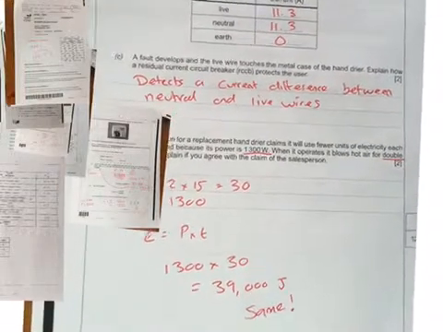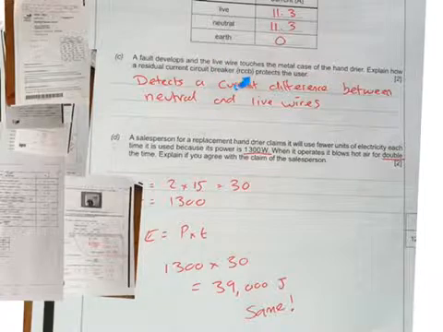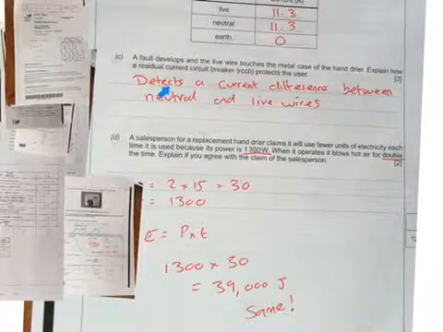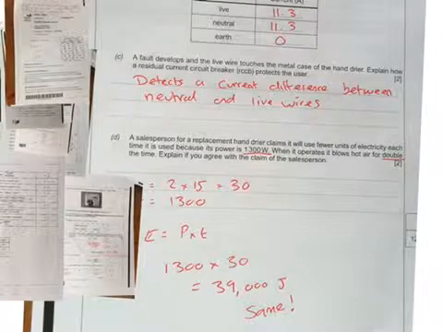That's why it's 0. And it says if a fault develops, how does that RCCB, the residual current circuit breaker, protect? Well, it's going to detect the current difference between neutral and live wires. That's the big difference from an MCB. It's kind of like your fuse, where it detects that current surge, but it doesn't protect the user. It only protects the circuit because it takes a while for that current to surge.